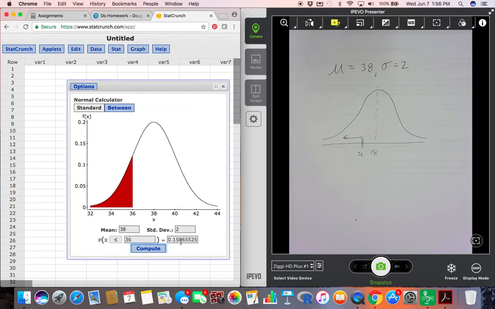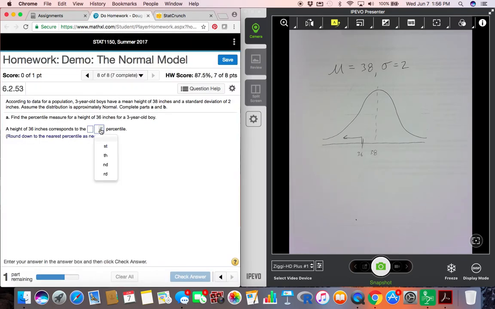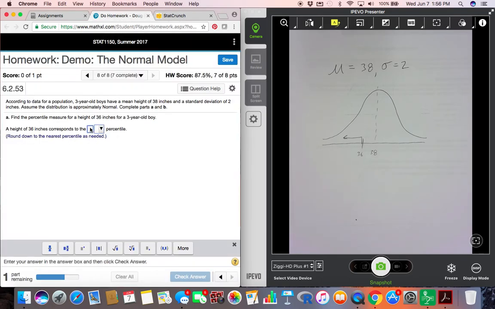So guys, this is going to be at the 16th percentile. It says to the nearest percentile, so that'll be the 16th.